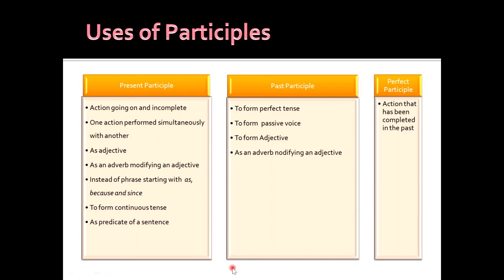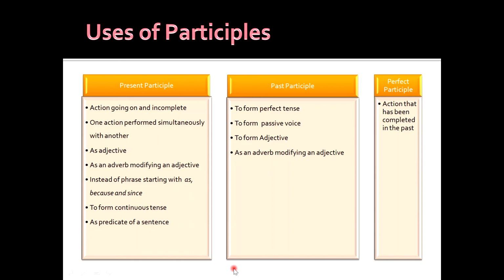Now, moving on to the past participle, it is used to form perfect tense: I have studied. To form a passive voice: the snake was killed by the boys. To form an adjective, like used cars, washed clothes, etc. The next is as an adverb modifying an adjective, like he was dead drunk.